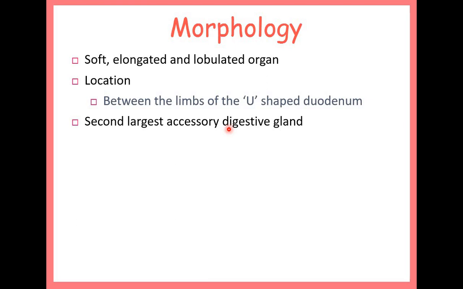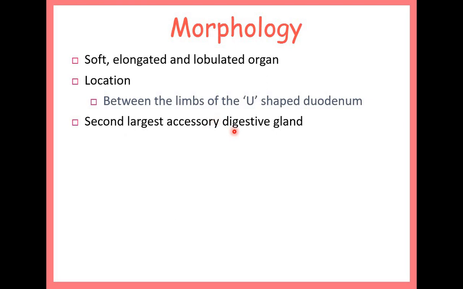Say for example salivary glands, liver, pancreas, these are accessory structures present in the gastrointestinal tract, right? But definitely, even though food does not pass through this structure, they do help in digestion, and that's why we call it as an accessory gland, right?